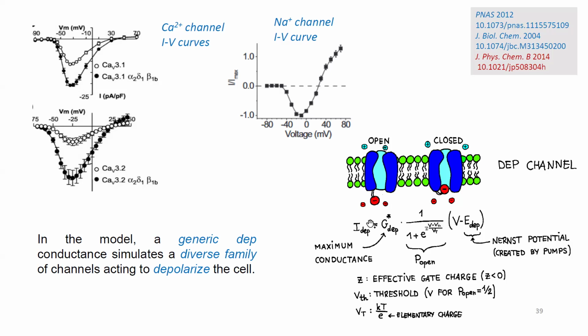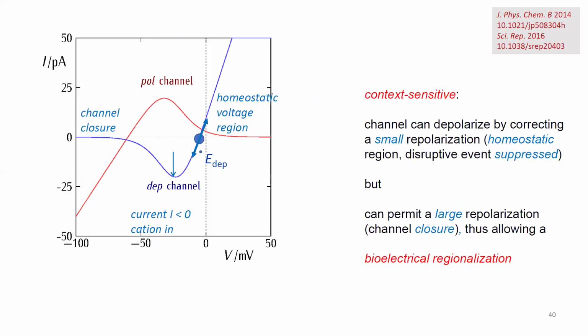This is the current voltage curve we are using, which has a difference in the sign of the exponential, and this difference gives the different behavior that can be observed in this slide.